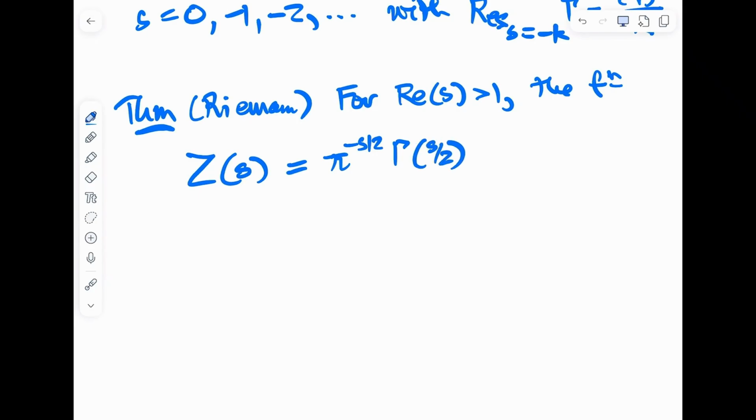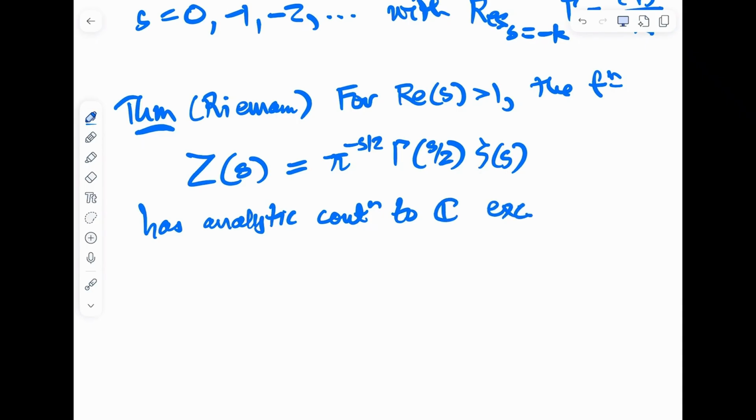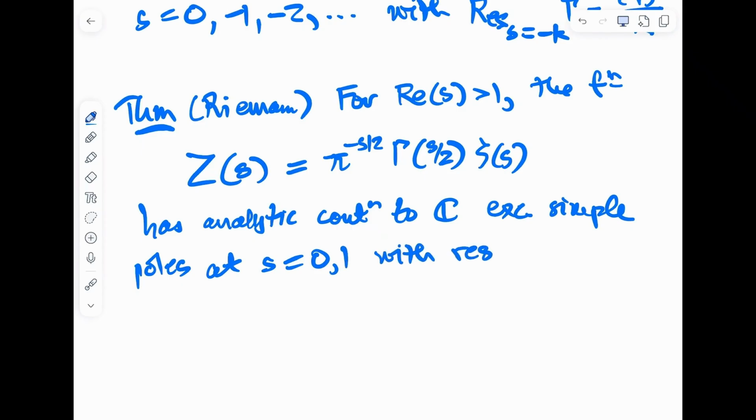So this function has an analytic continuation to C, except for simple poles at 0 and 1 with respective residues, I think -1 and 0. Well, I'm sorry, -1 and 1.